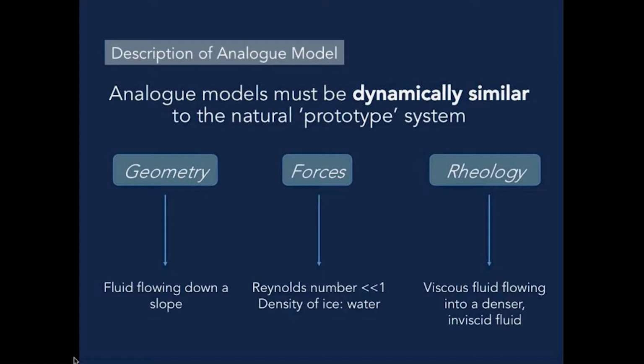If we think back to the first slide, you have the gravitational driving force, the basal drag, and lateral drag. So we are trying to maintain not only those same forces, but the magnitude and ratio of those forces in our analog model. And in terms of rheology, this would again mean a viscous fluid that flows similar to how ice flows.